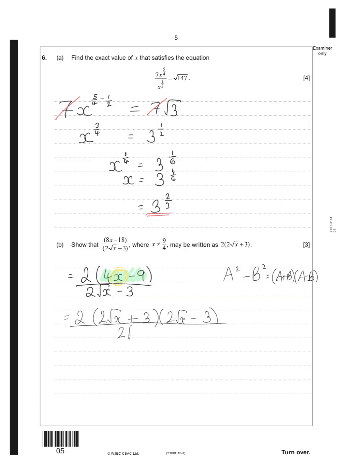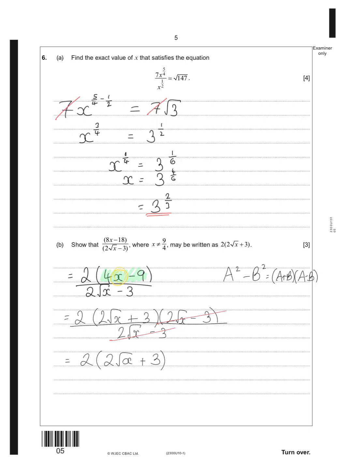Okay, and then I've got 2 root x minus 3, and that's really nice because that factor there and that factor there cancel, leaving me with exactly what I wanted. Only if I write it correctly though. There we go.